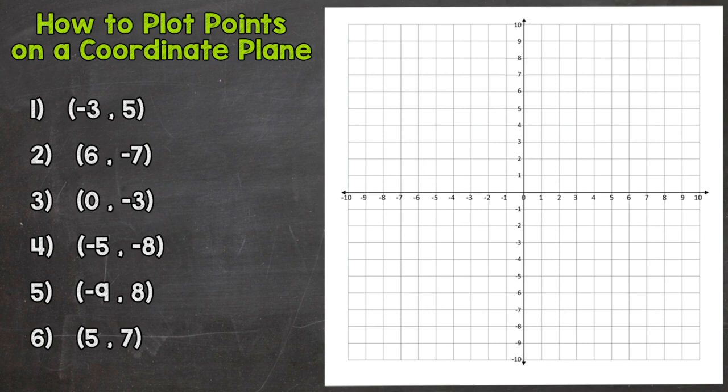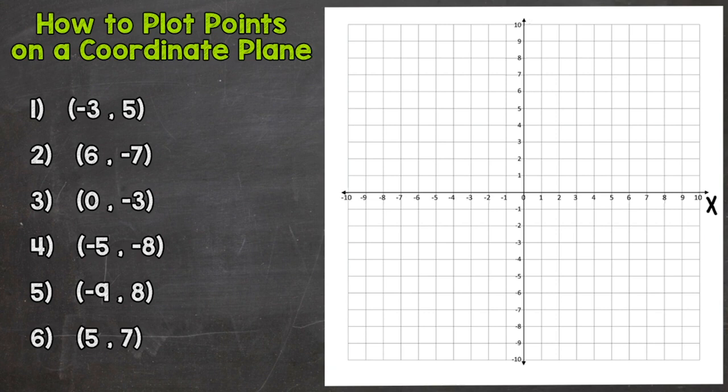And the first is the side-to-side or horizontal axis. We need to know the side-to-side or horizontal axis is our x-axis. So I'll put an x there for a reminder as we work our way through plotting these points.